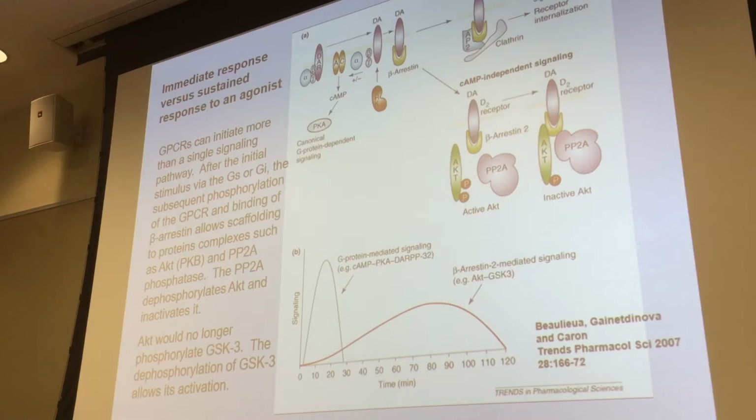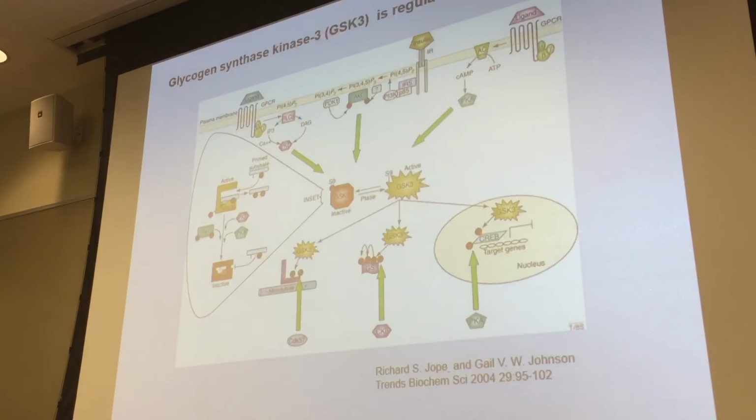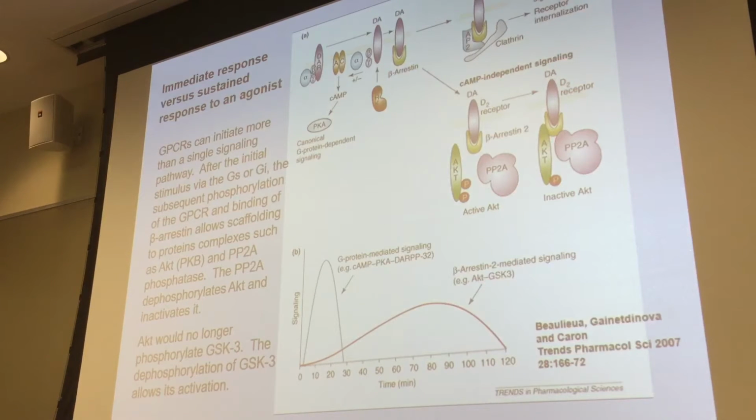So while we just talked about this, AKT is coming to the membrane via this growth factor receptor mechanism. Another way to do that is through the beta-arrestin. And typically this is going to be occurring for a much longer period of time than simply the PKA activation.